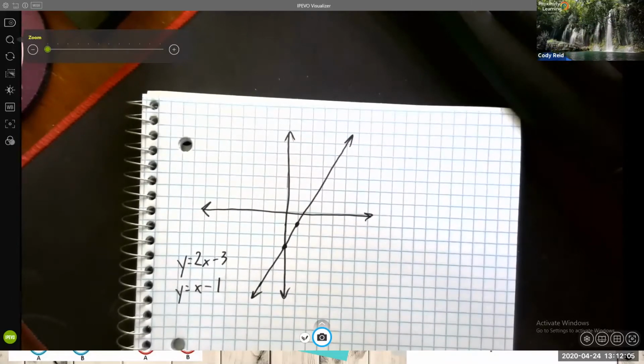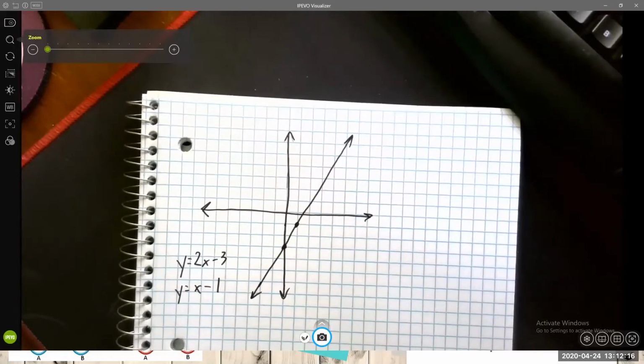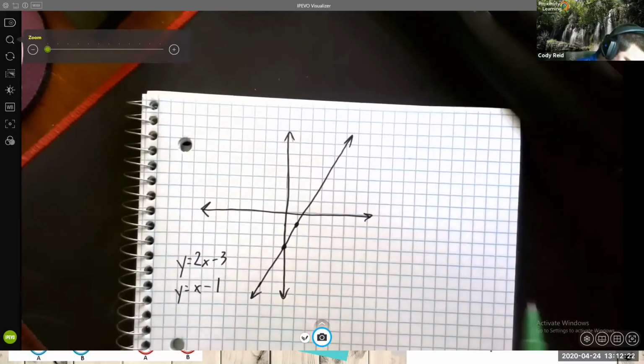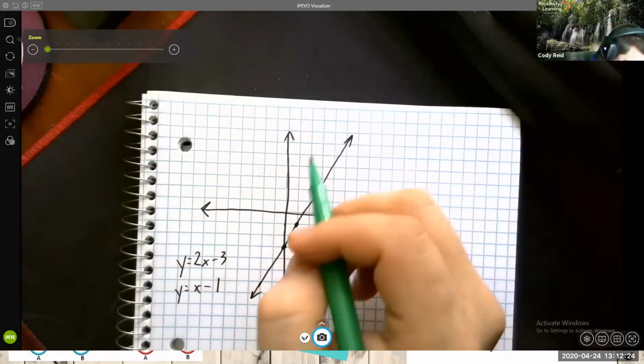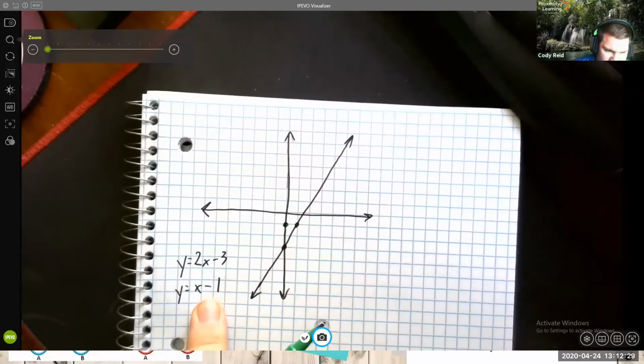Let me switch pens real quick. All right, so for x minus 1, I'm going to take the same steps. I know the line crosses at this point because of the y-intercept.